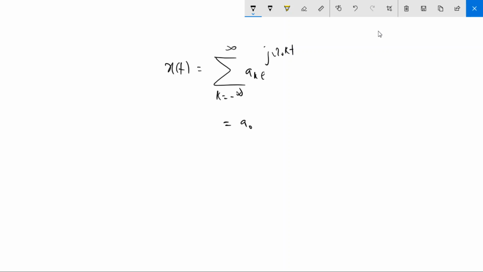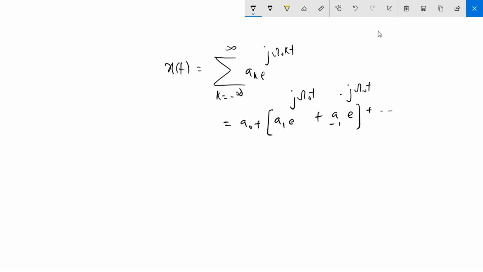This is nothing but a0, the constant component, plus a1 e raised to power j omega naught t, plus a minus 1 e raised to power minus j omega naught t, plus so on. Then finally you can combine these two factors together. If a1 is equal to a of minus 1, you multiply this with 2 and divide with 2, you will get this as a cosine component.